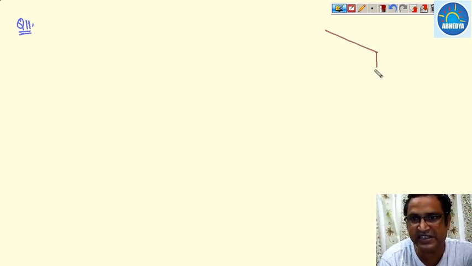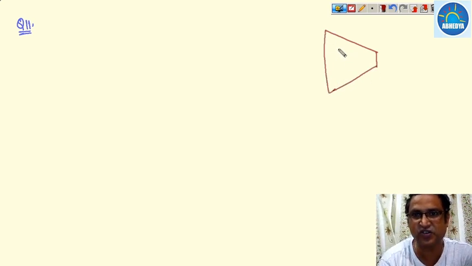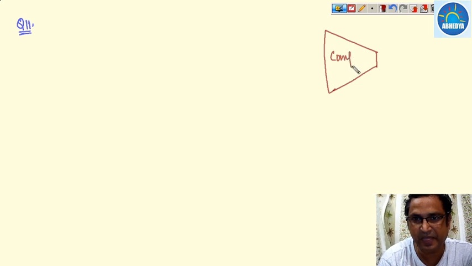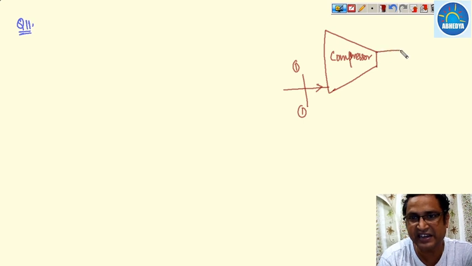A compressor is there, so I am just drawing the diagram of a compressor. This is your compressor. I am taking this as the inlet section and writing 1 for it, and this is your outlet section, which I am writing as 2.